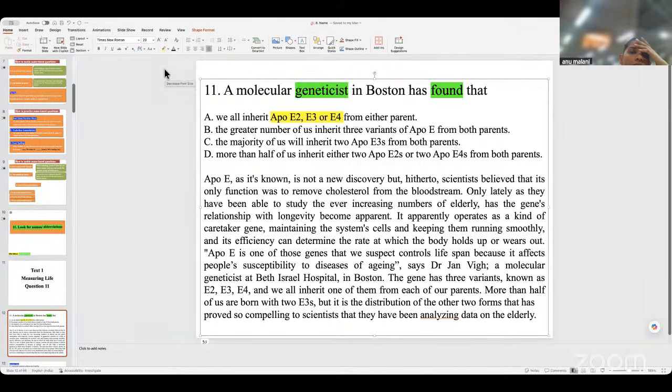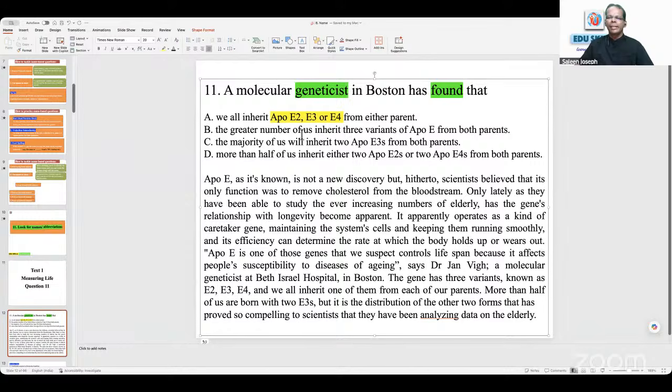Molecular geneticist in Boston. Geneticist means something like oncologist, anesthetist, or pediatrician. That is the designation, a reference to a particular doctor or a specialist. Okay, that's what we call a reference.